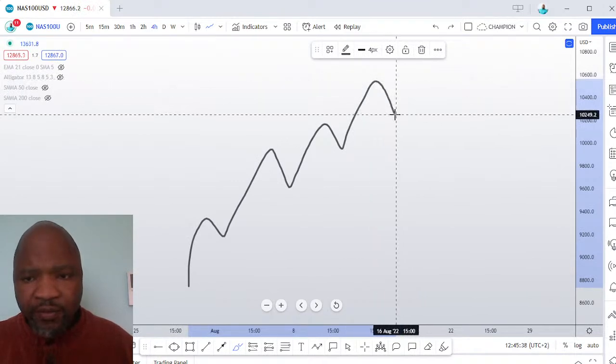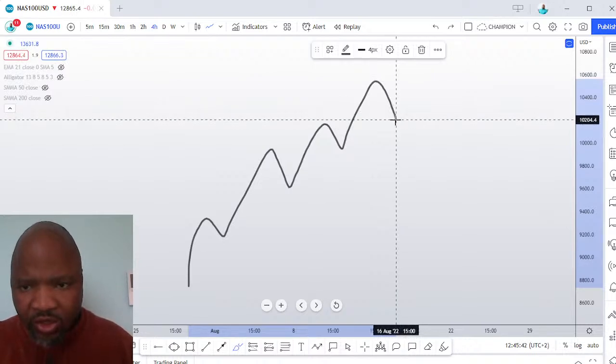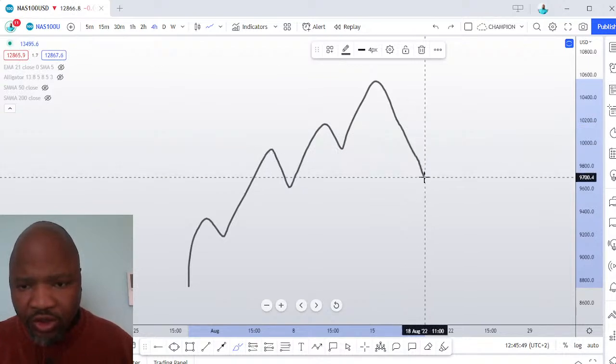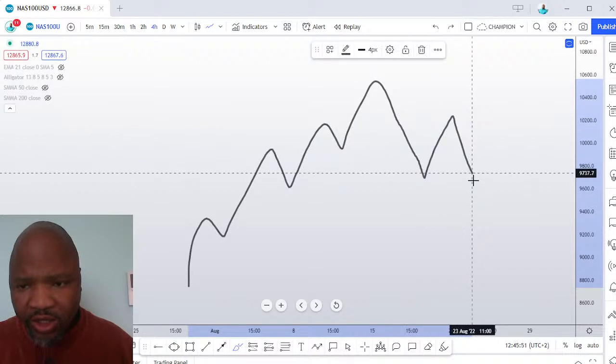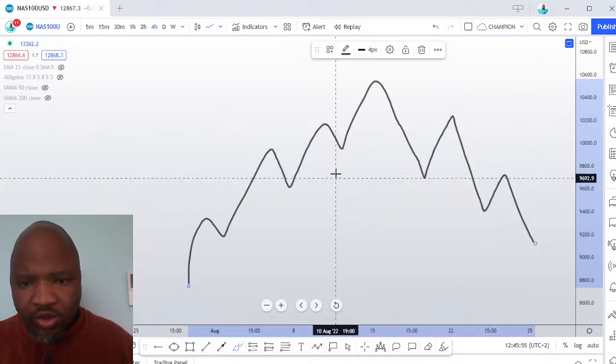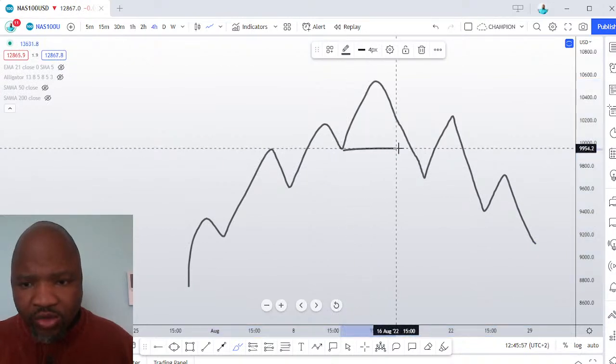Eventually, instead of the price continuing with the trend, you end up having the price breaking the structure and changing the direction, as we're going to end up having this type of movement. So this is what I want you guys to be aware of.